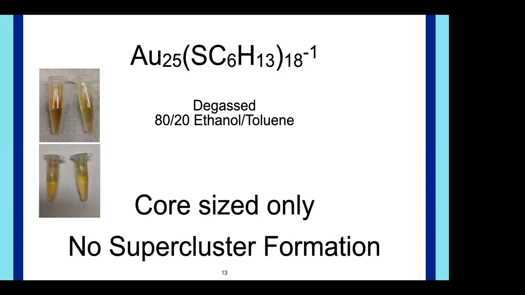And that could keep the ligands from interacting with each other and intercalating and keep these from forming superclusters. Like I said, I did increase the anti-solvent percentage, and it still didn't create any superclusters there until it just crashed out as a powder, like it did with PET.